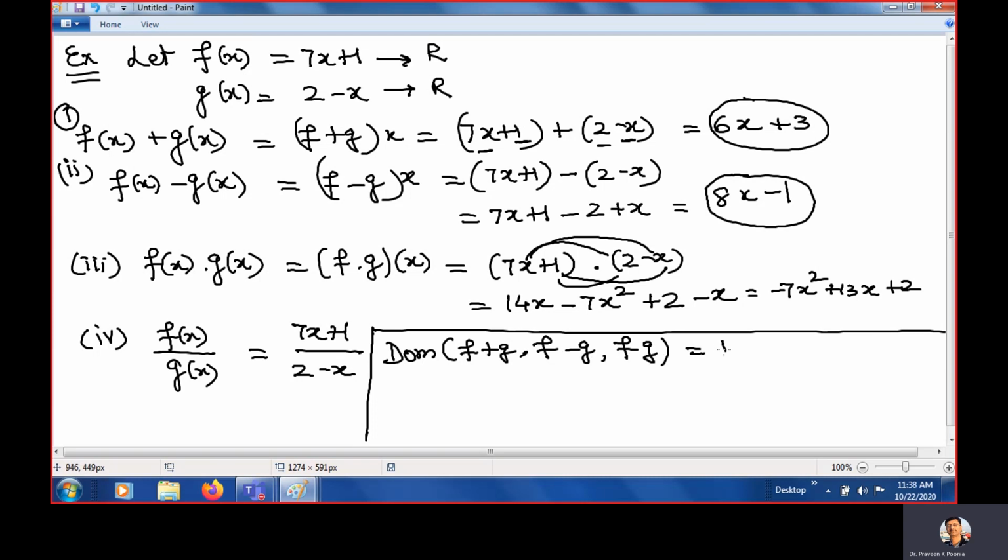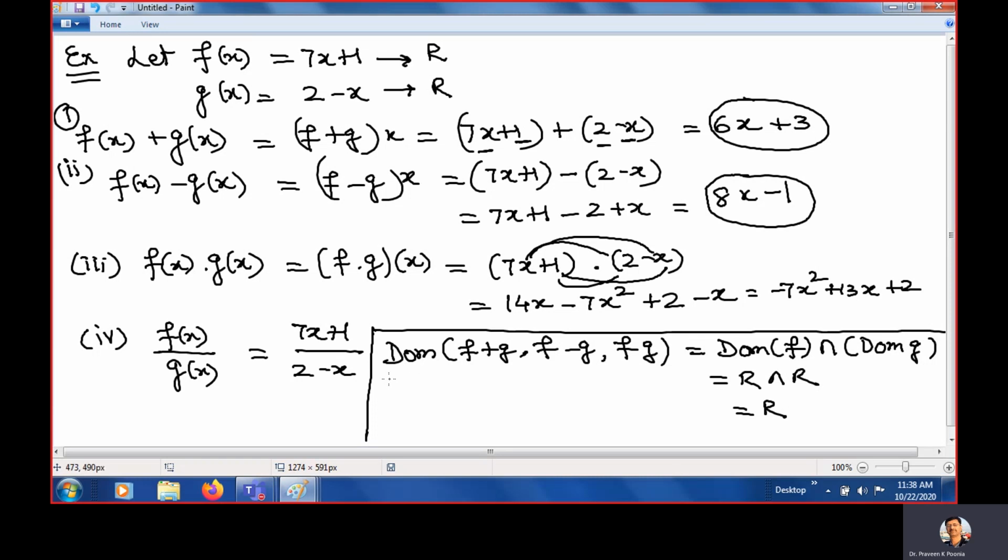It will be the domain of f intersection domain of g. That is R intersection R. And the intersection of the same sets is the same set. If you are taking the intersection of the same sets, the intersection will remain the same.